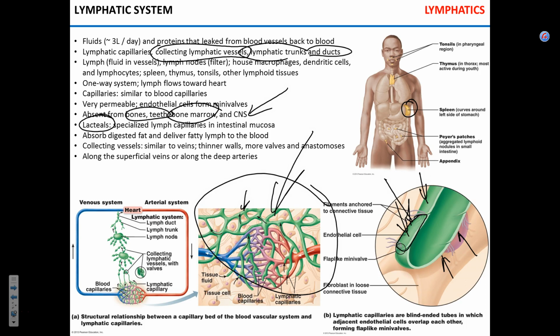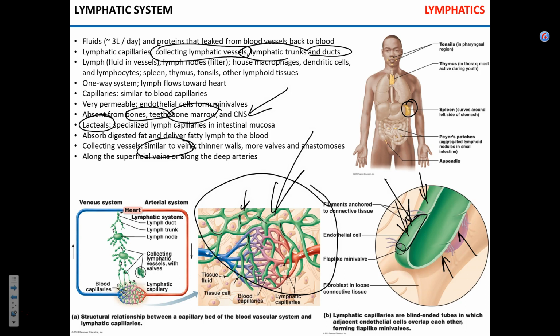Now, those capillaries emerge and form collecting vessels that look very much like veins. And they often run along the arteries. Actually, it helps to propel the lymph.